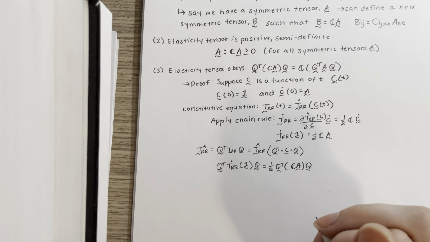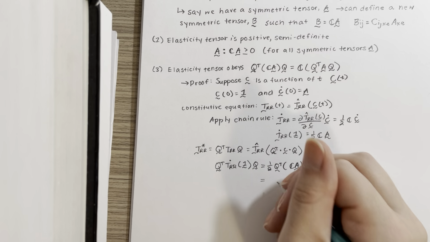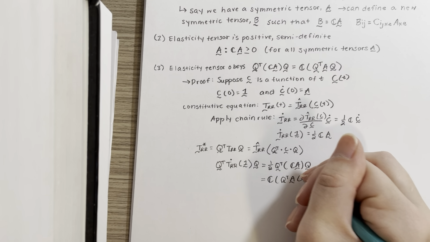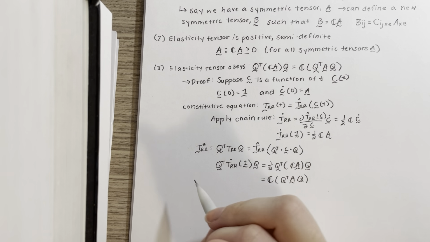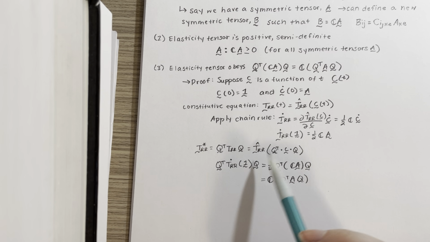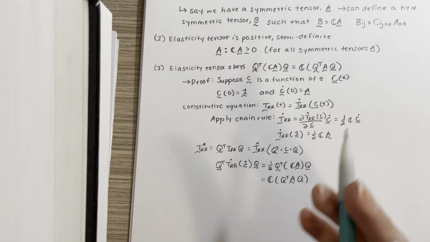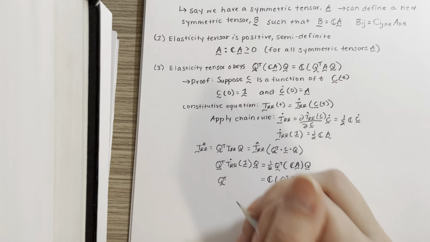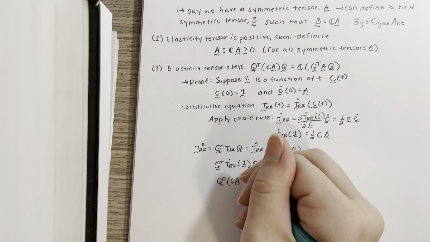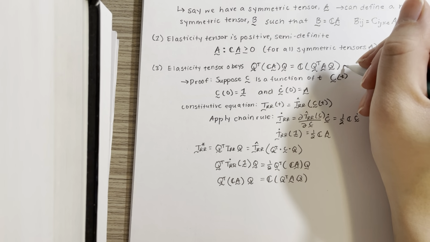And now since A is symmetric, we can rearrange the order of this to be C times Q transpose A times Q. Then our 1/2 will cancel out, because we can plug in for T_RR dot evaluated at the identity tensor, 1/2 C A. So our 1/2s cancel, and on the left side we have Q transpose C A times Q. So that's how we show that it obeys this relationship.